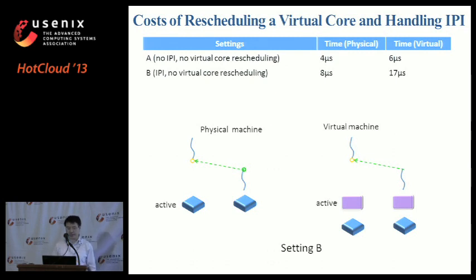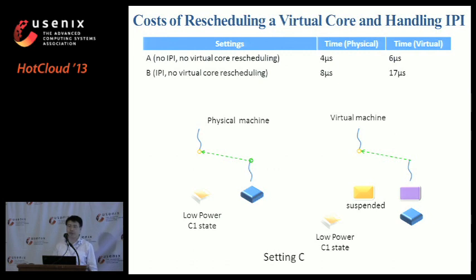In this setting, we keep the physical core and the virtual core active, so we don't need to pay the cost of rescheduling virtual cores. Under this setting, it takes a longer time to wake up the thread. On a physical machine, it takes 8 microseconds. On a virtual machine, it takes 17 microseconds. So you see that the difference starts to increase.